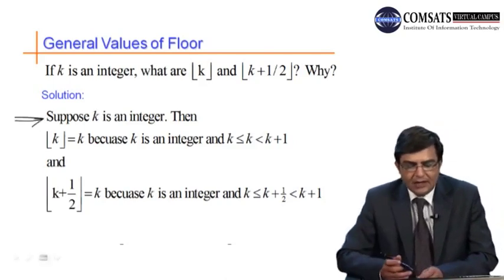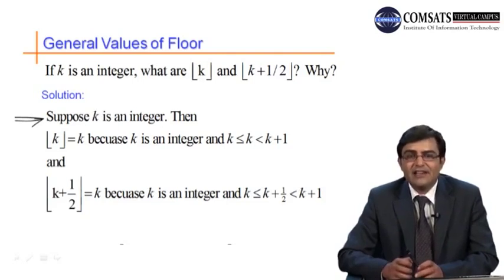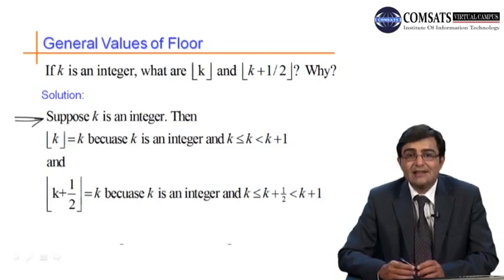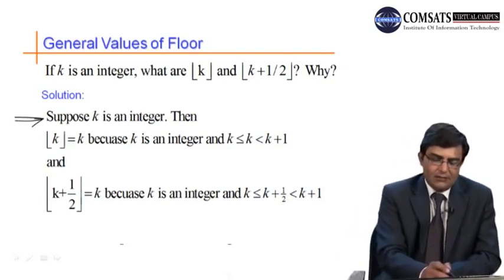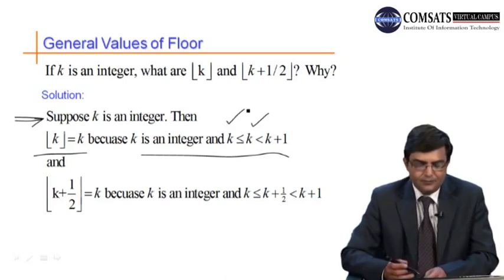Suppose k is an integer, then the floor of k will remain k, because k is itself an integer. If we have an integer, then the floor of that integer will remain the same, because the greatest integer less than or equal to that number is the same integer. By the definition of floor, the floor of k is k.